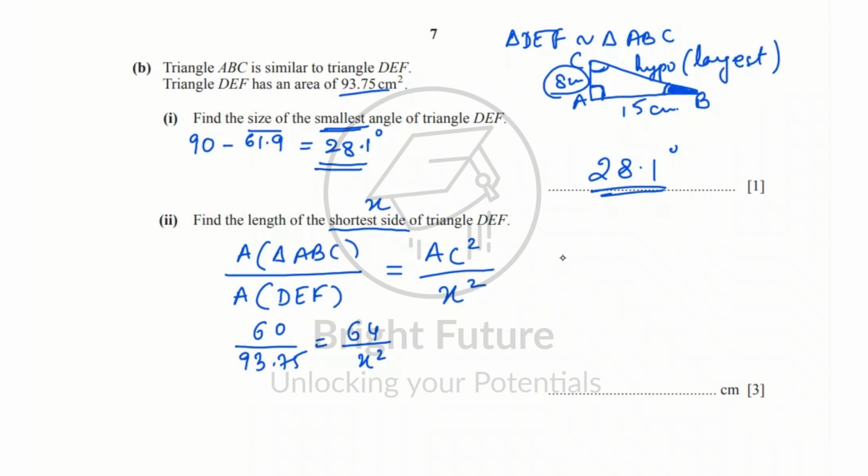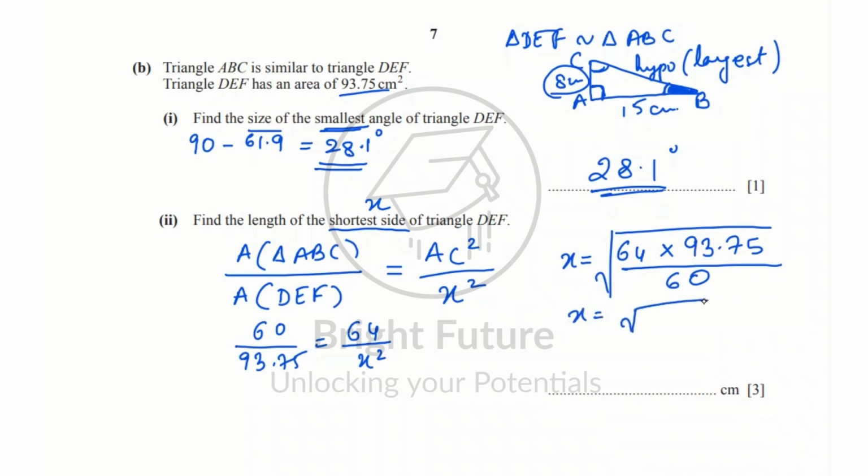So therefore x is equal to the square root of 64 multiplied by 93.75 upon 60. So x is equal to root 100, which is equal to 10 centimeters.